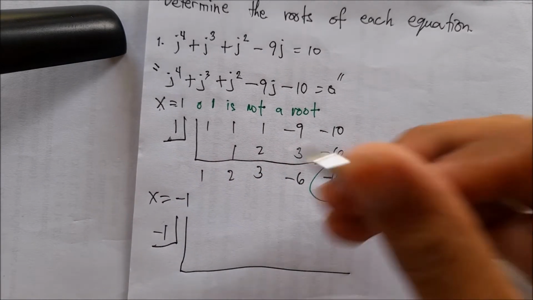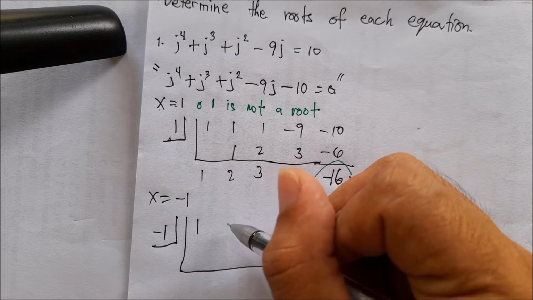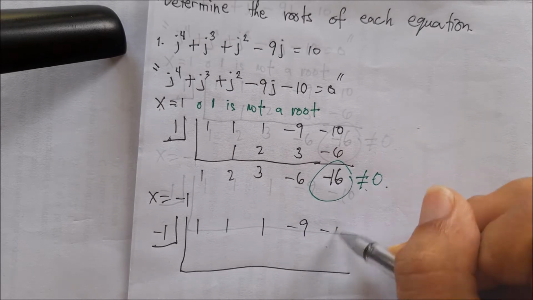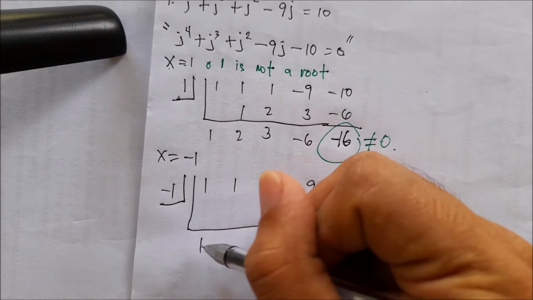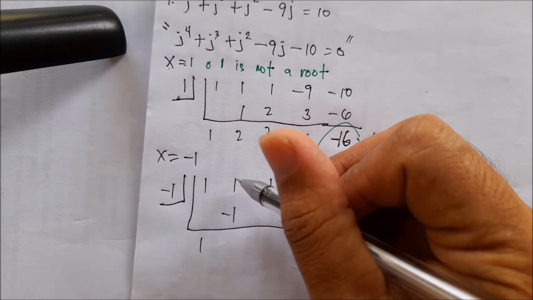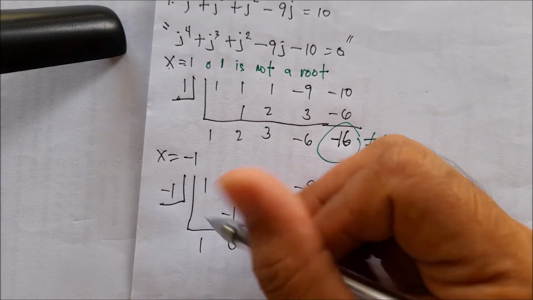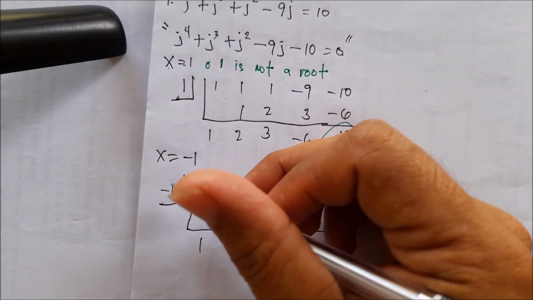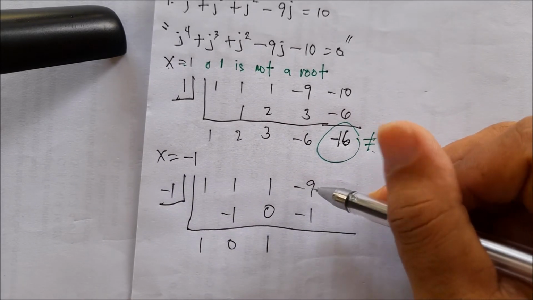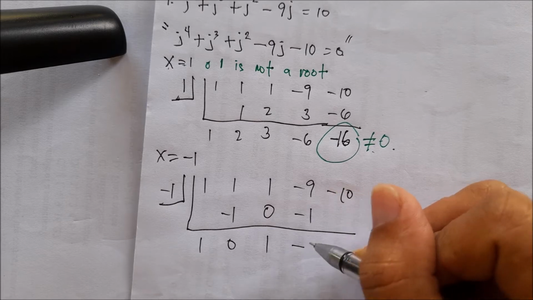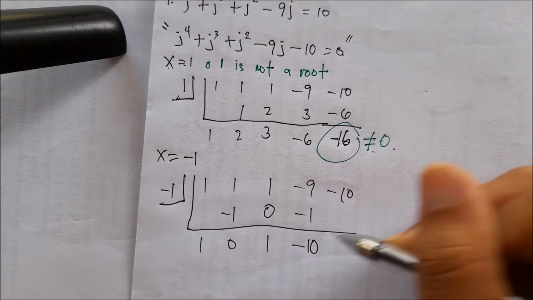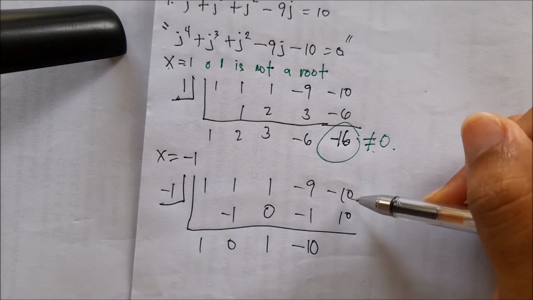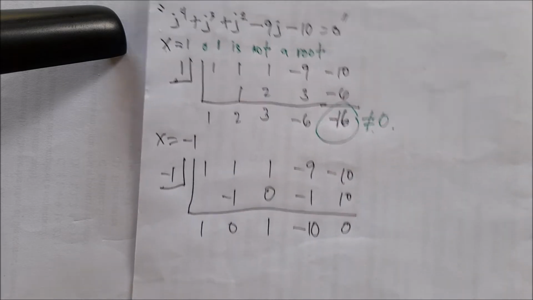-1. The coefficients are 1, positive 1, positive 1, -9, -10. Then bring down 1. 1 times -1, -1. Positive 1 plus -1, 0. 0 times -1, 0. 1 plus 0 is 1. 1 times -1 equals -1, and -9 plus -1, -10. -10 times -1, positive 10. -10 plus 10, 0.